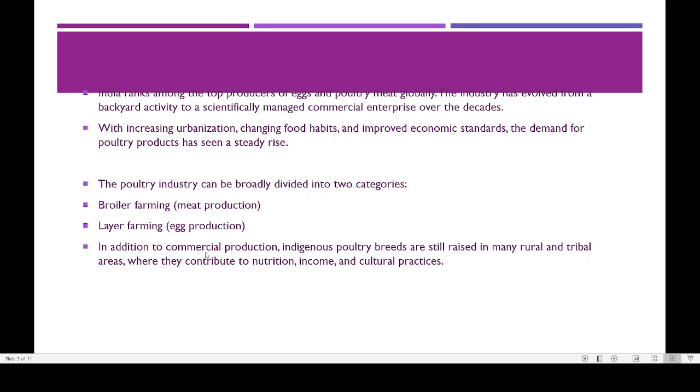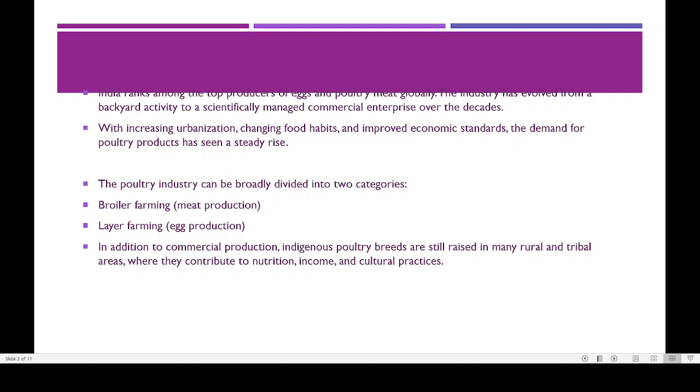In addition to commercial production, indigenous poultry breeds are still raised in many rural and tribal areas, where they contribute to nutrition, income, and cultural practice. Because one important point about poultry farming is that it is an age-old, traditional practice.